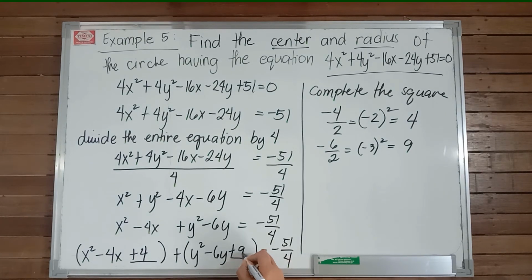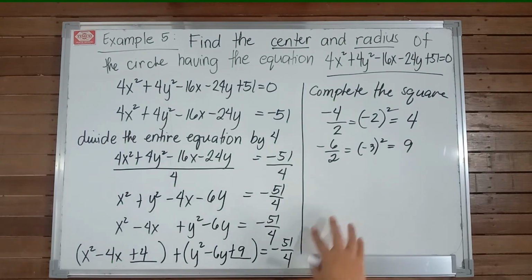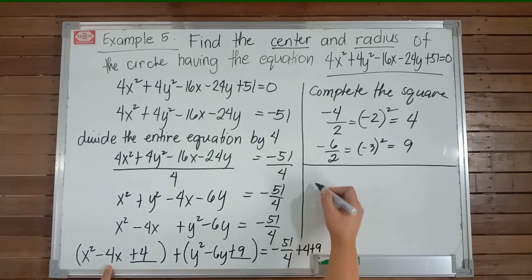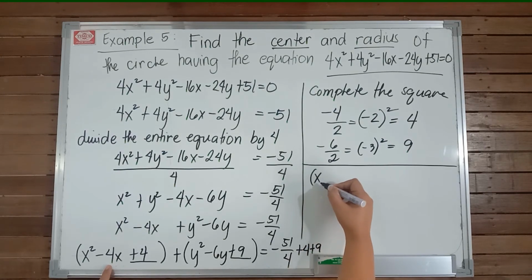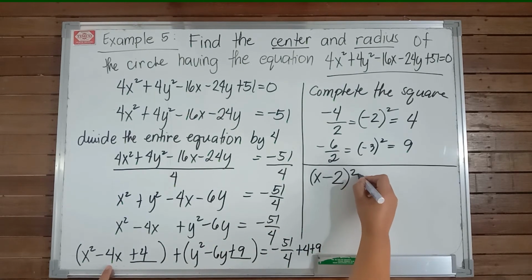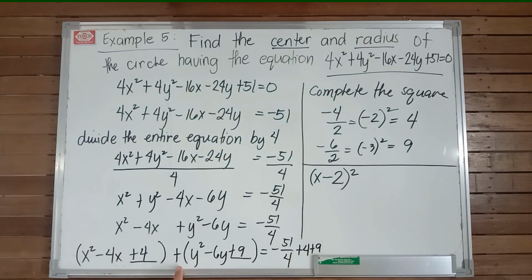Plus 9. So, yung mga in-add natin dun sa left side, yung 4 at 9, i-add din natin siya sa right side para maging equal yung ating equation. So, plus 4 plus 9. And by factoring it, it is a perfect square trinomial, so we can factor it. So, x minus the square root of 4, which is 2, squared. So, pwede natin siyang isulat na ganyan.